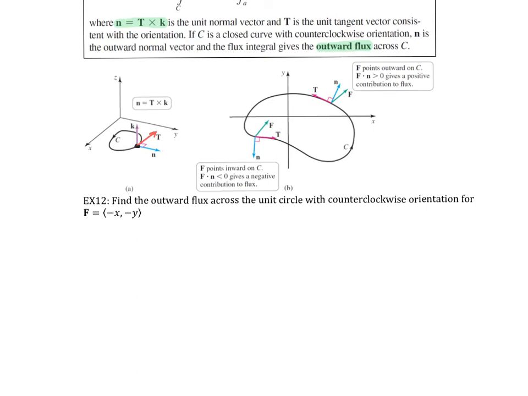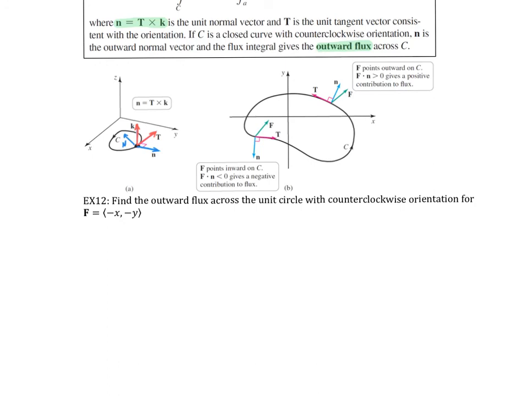You will have our k vector, an upward unit vector in the direction 0, 0, 1. If you cross those two, T cross k, you will get your outward normal vector. However, if you change the order, you get that inward principal unit normal vector, that uppercase N.